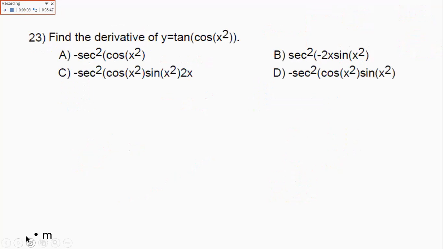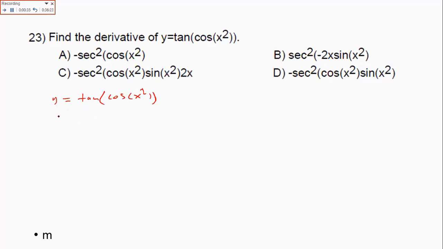It's the same. Okay, find the derivative of y equal to tan of cosine x squared. This is a function inside a function inside a function.